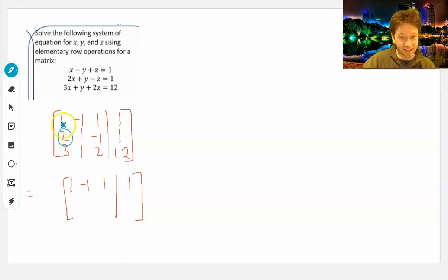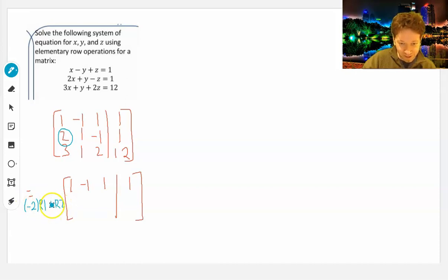And then I can subtract a 2. Now usually we don't like to subtract. What we like to do is add. So what I'll do is multiply the first row by -2, and then add the second row.